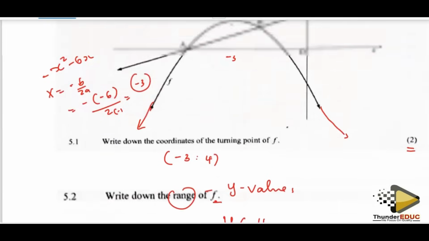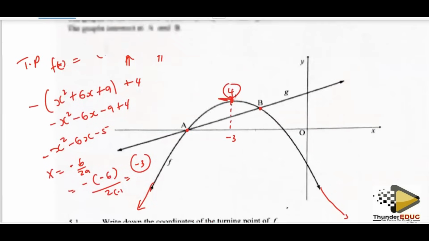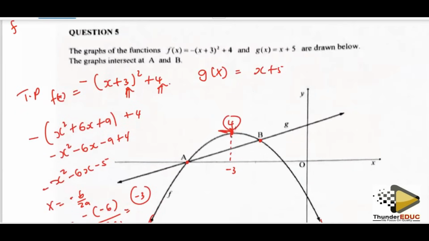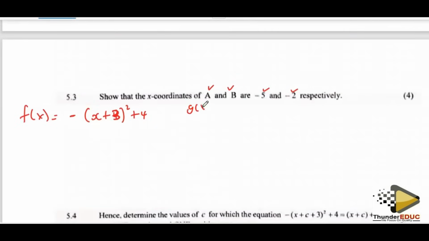A is a point of intersection, and B is also an intersection point for the two graphs. So we know that at A and B the graphs are equal. We say g(x) is x + 5, so at A and B, f(x) must be the same as g(x). Point of intersection means the graphs are equal.